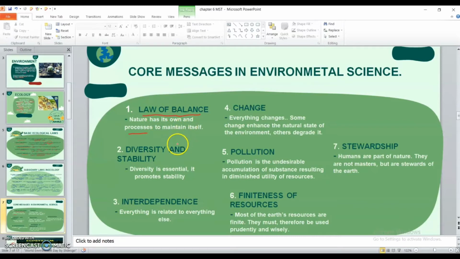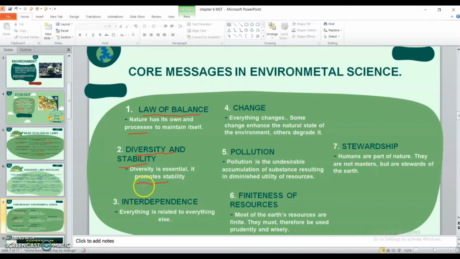That is the law of balance. Next one is diversity and stability. Diversity is essential. It promotes stability. The greater the diversity of the species of plants and animals in the ecosystem, the greater its stability.